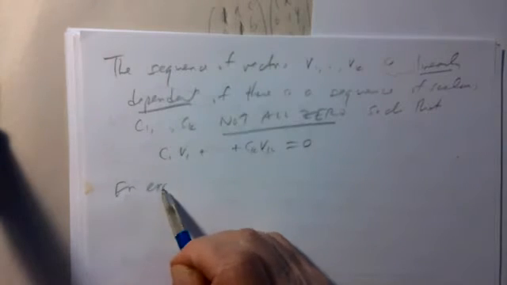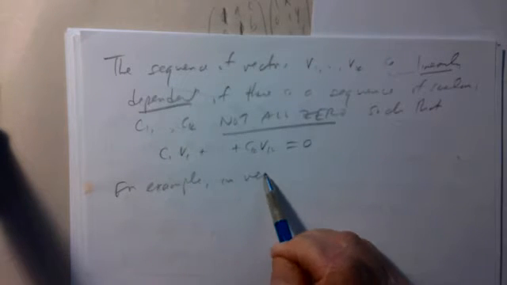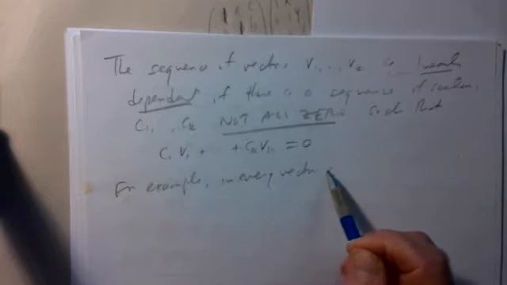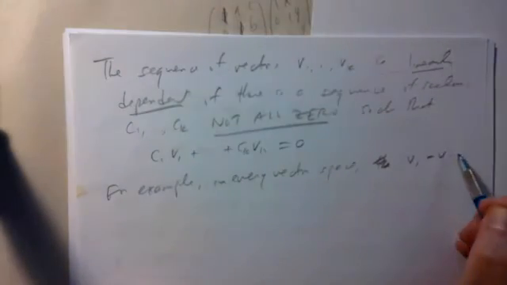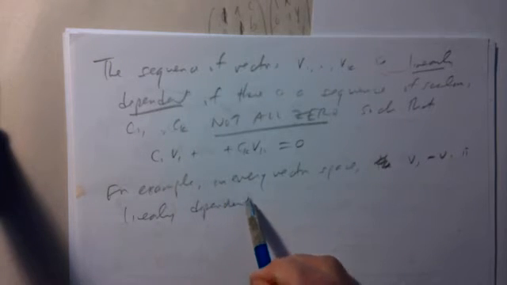So for example, in every vector space, the sequence of vectors v comma v is linearly dependent.